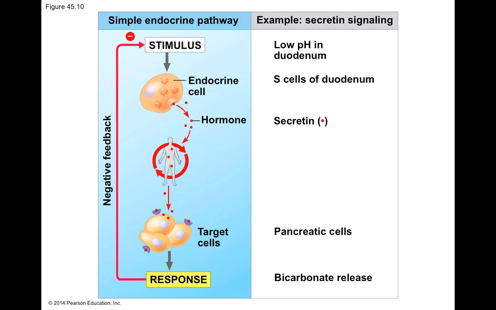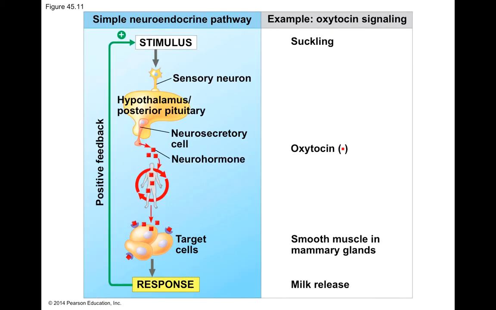Bringing the pH back to normal shuts down the pathway. Negative feedback reduces the initial stimulus, helping to restore the body to its pre-existing state, in this case, intestinal pH. You can also think of it as reversing a change.